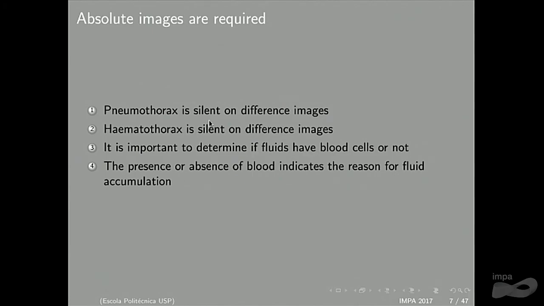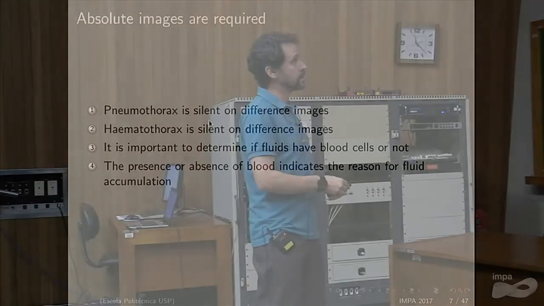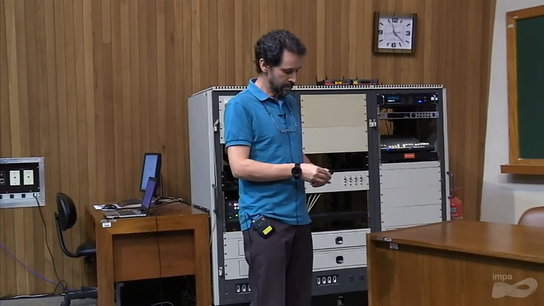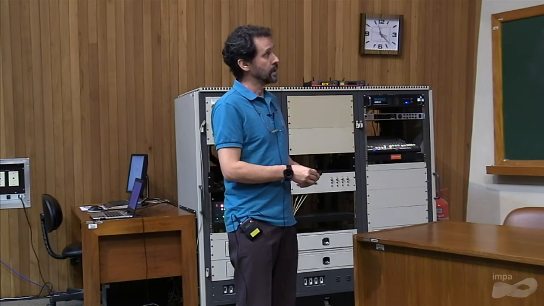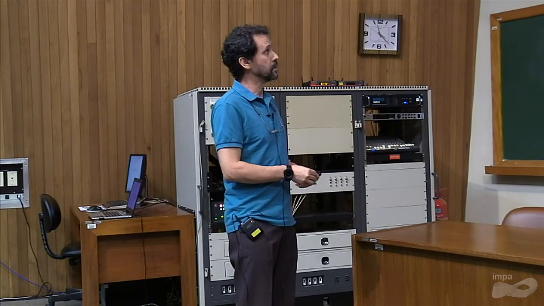Nowadays, the technology that is on the market gives only images of variations of resistivity. But for many reasons, some pathologies are not visible in those images, and so we need absolute images of resistivity and not variation of resistivity.